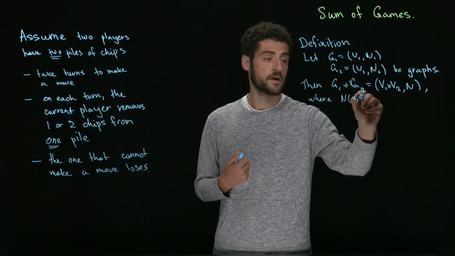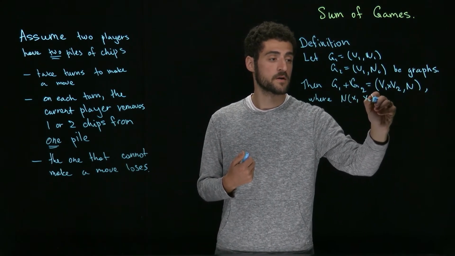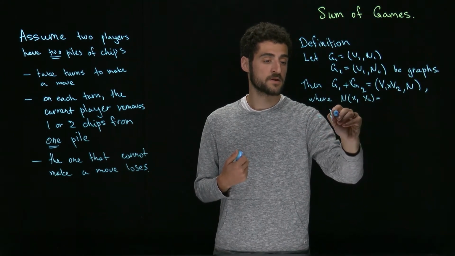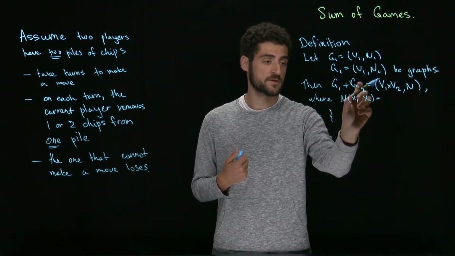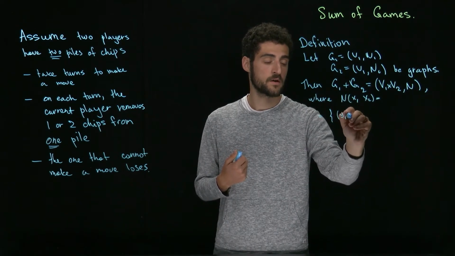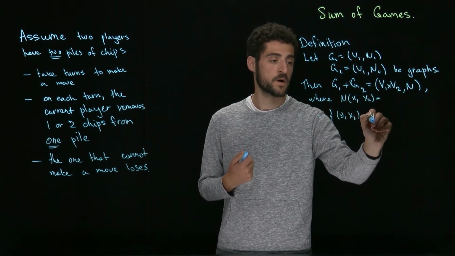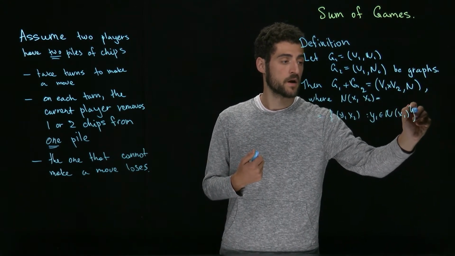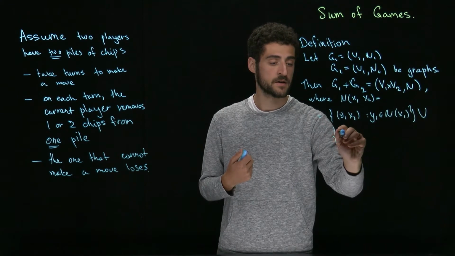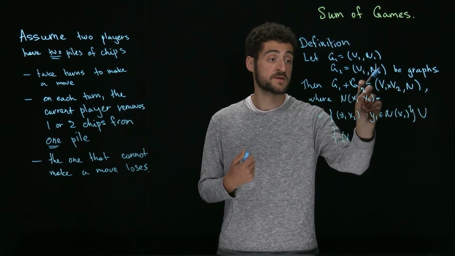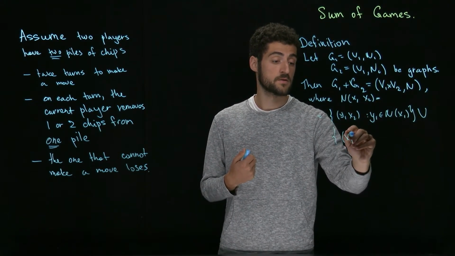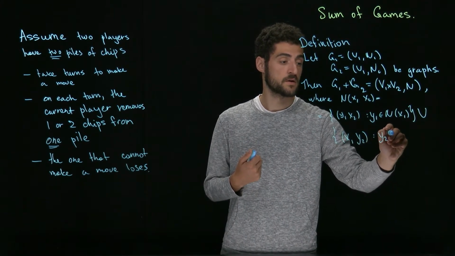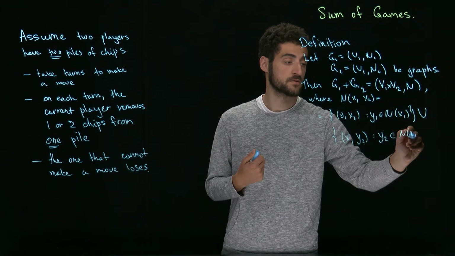N of (x1, x2) consists of two sets. First, where you can make a move in the first game, so (y1, x2) such that y1 belongs to N of x1. Union, the second part, where you can make a move in the second game: (x1, y2) such that y2 belongs to N of x2.